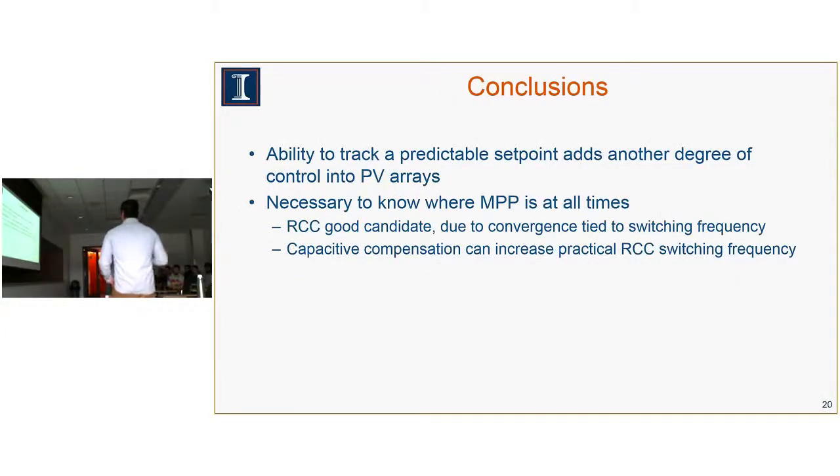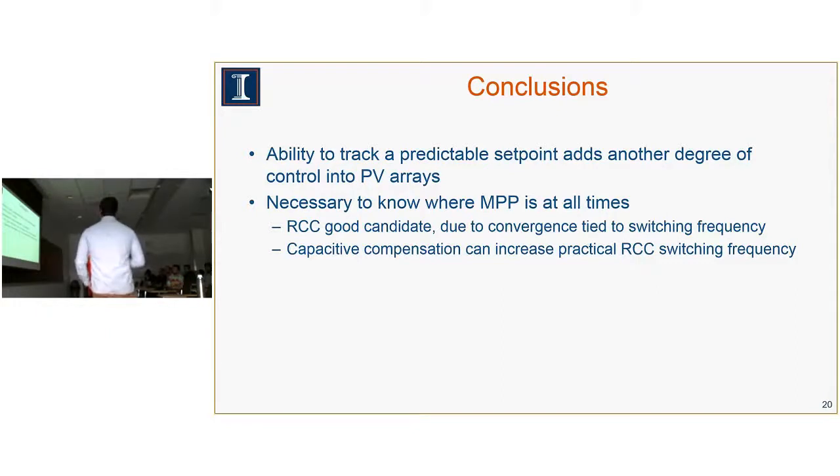So in conclusion, the ability to track a predictable set point adds another degree into PV array control. To do this in an intelligent manner, because you could always just find the maximum power point, move off of it, and hope the irradiance doesn't change while you're at that set point, but if you want to do it in a predictable manner so that you can actually follow your transients, you need to know where it is essentially at all times.